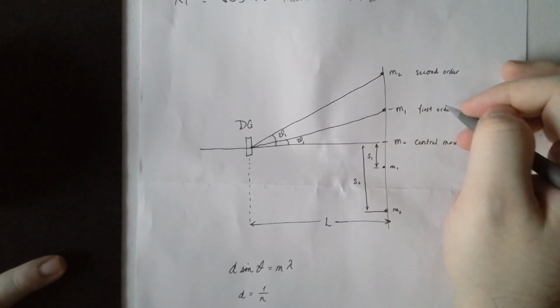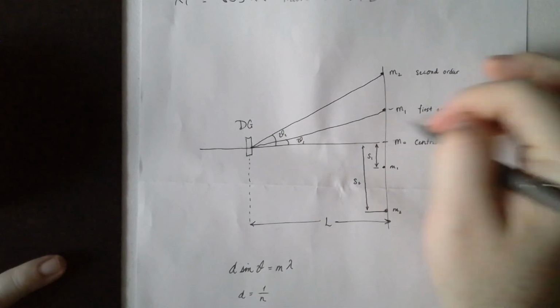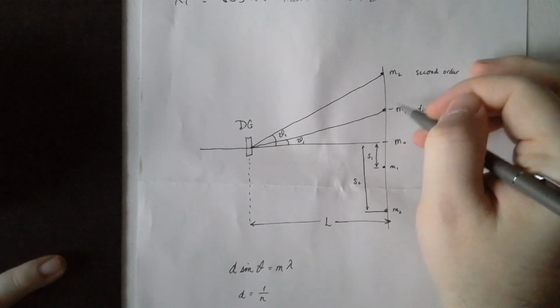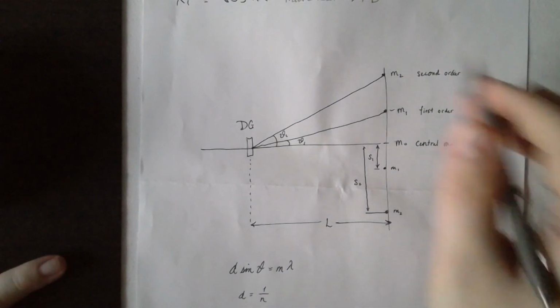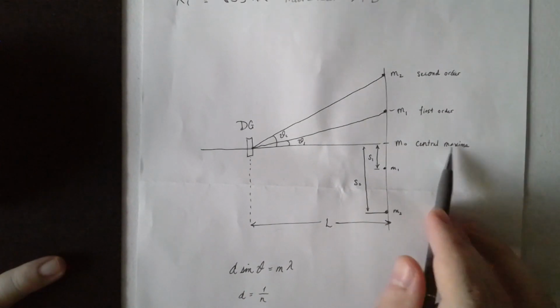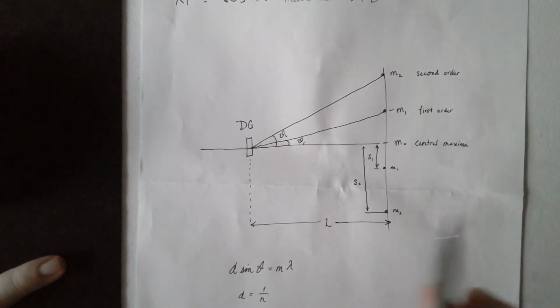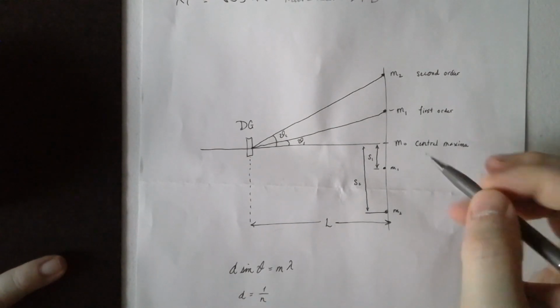Based on where we know our central maxima is located, we can then deduce what our first and second orders are, and third, and so on. The pattern should be symmetric about the central maxima, so if we go down the screen, it should go first, second, third, on and on, until you've reached your maximum amount.